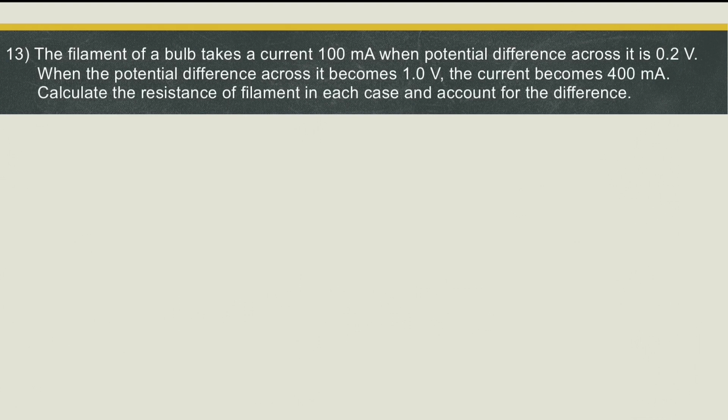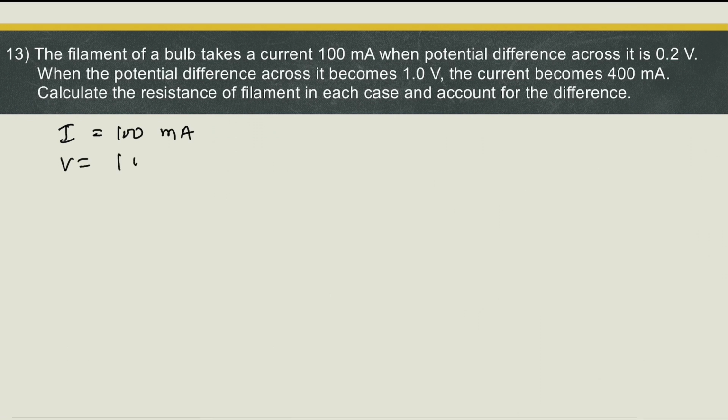Alright, last numerical of this exercise. The filament of the bulb takes a current of 100 milliampere when the potential difference across it is 0.2 volt. So V1 is 0.2 volt and I1 is 100 milliampere.